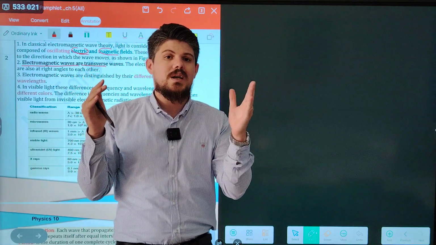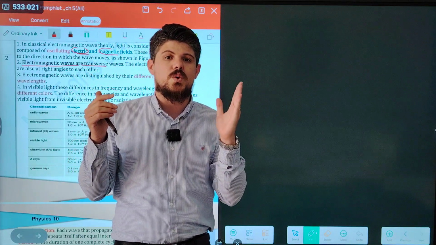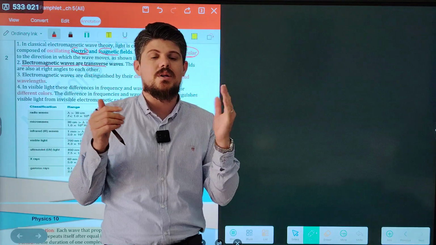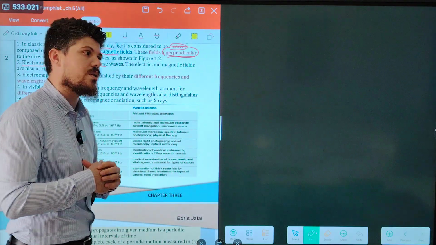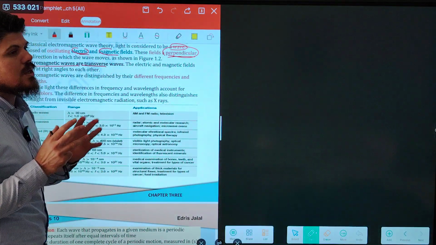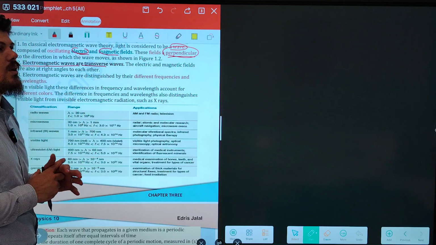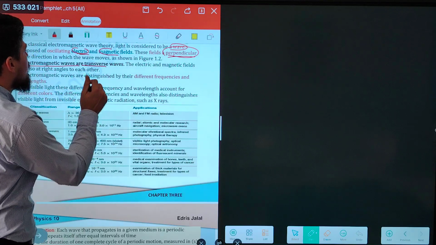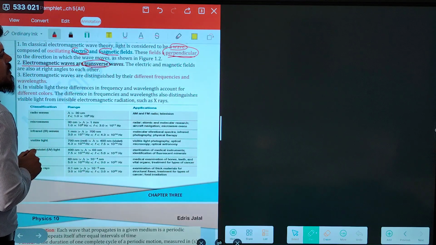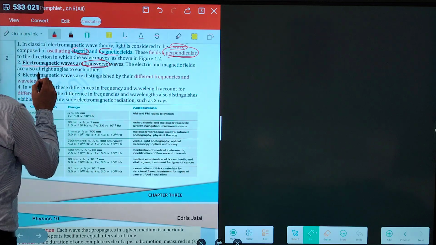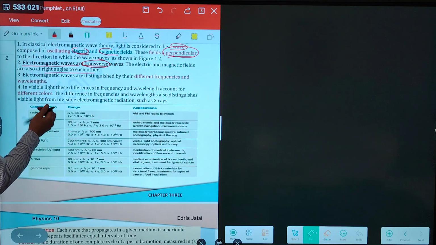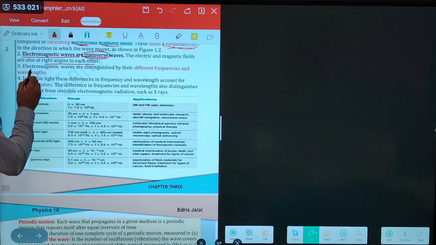Why transverse? Because it has crests and troughs, not compression and rarefaction. A longitudinal wave must be a mechanical wave, but an electromagnetic wave is always a transverse wave. The electric and magnetic fields are at right angles to each other, which means perpendicular.